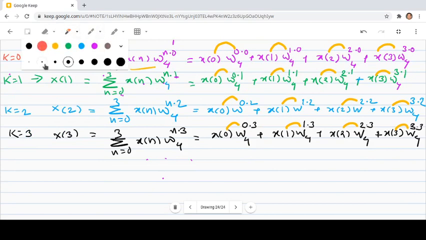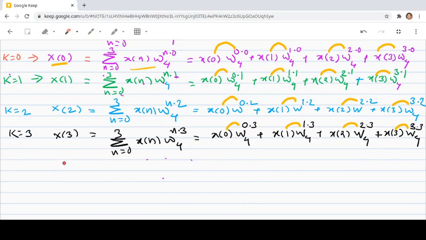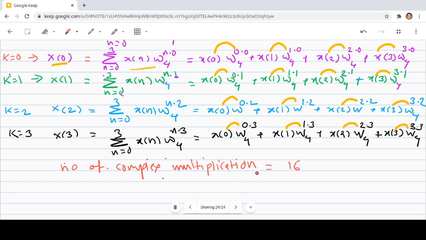So here I'll note that the number of complex multiplications for N equal to 4 comes out to be 16. Now 16 is, in general, N squared, because N is here 4.